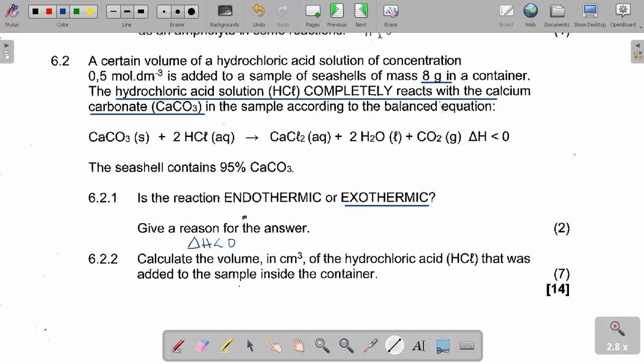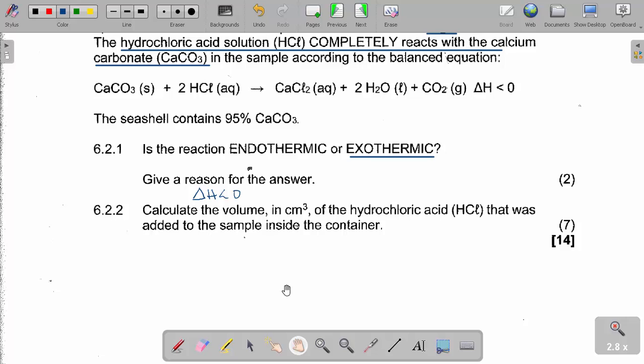Now this is the mass for the seashells, but they contain 95% calcium carbonate, which means that to get my answer here, please get your calculators out.